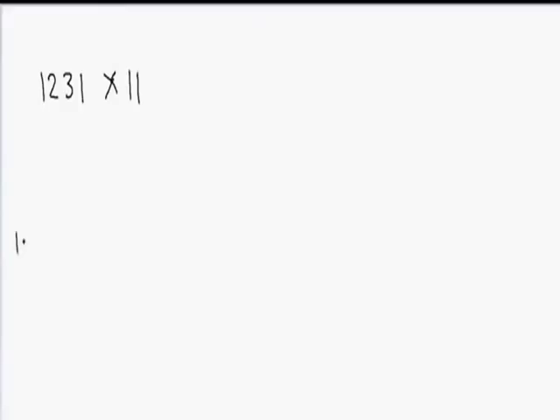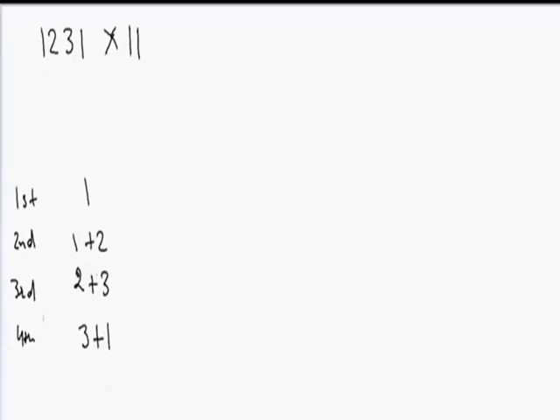So the first digit will be equal to 1, the second will be equal to 1 plus 2, the third will be equal to 2 plus 3, and the fourth will be equal to 3 plus 1, and then we are left with the fifth, which is equal to 1. So the answer will be 1, 3, 5, 4, 1.